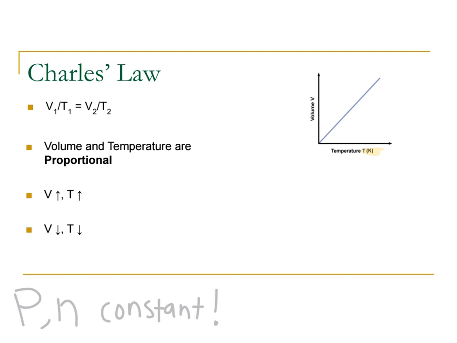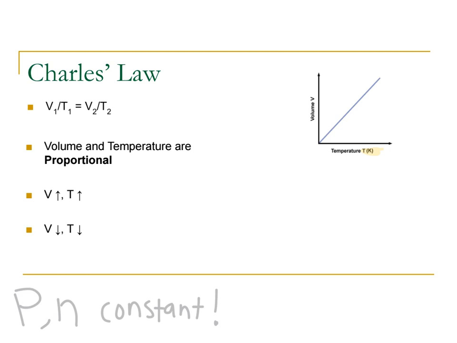It doesn't make sense to have a negative temperature or a negative speed in a sense unless you're dealing with direction, and we're not dealing with direction with these gases. Now, it turns out volume is actually also an absolute scale. This is why temperature must be in the absolute scale, because volume is also in the absolute scale. Volume is how much space the particles take up. It doesn't make sense to say that these particles take up -5 liters.